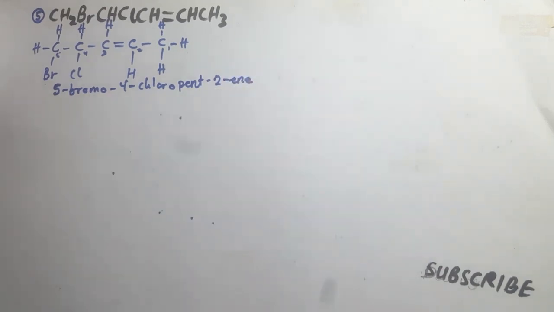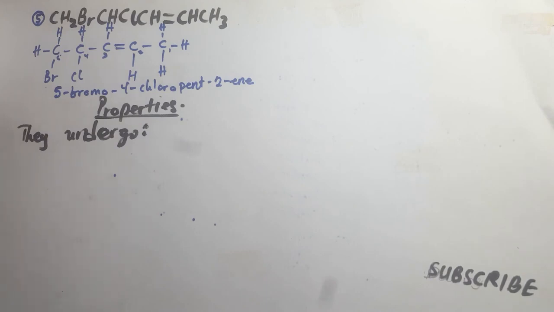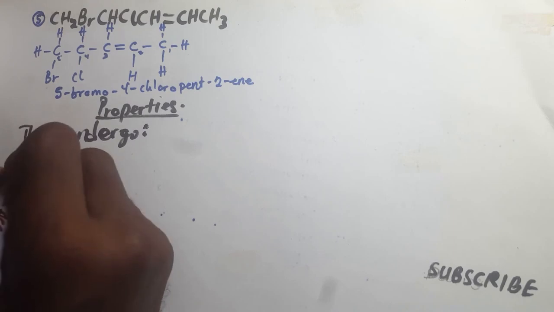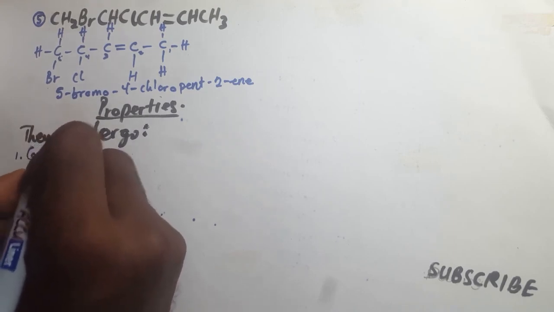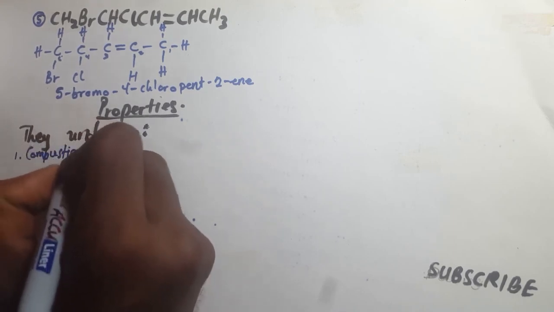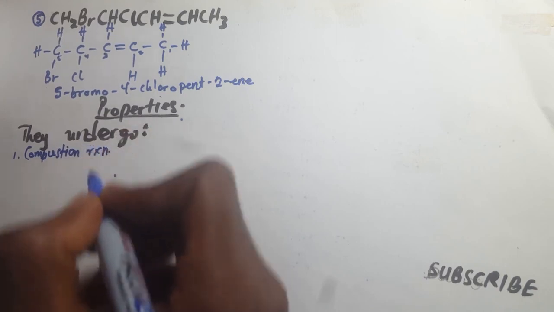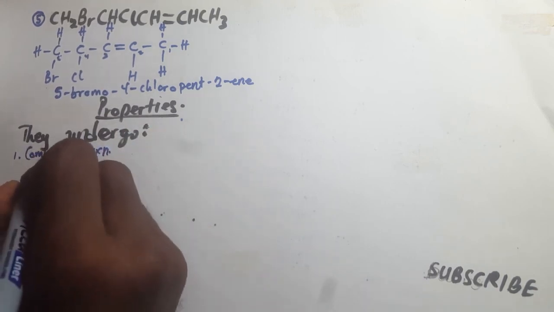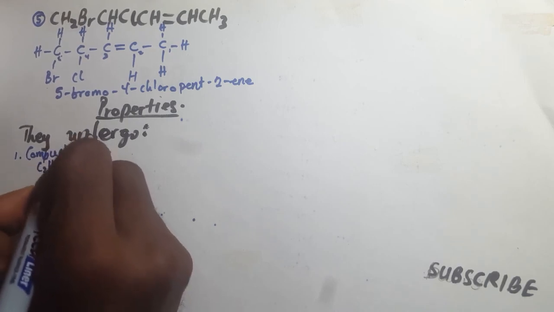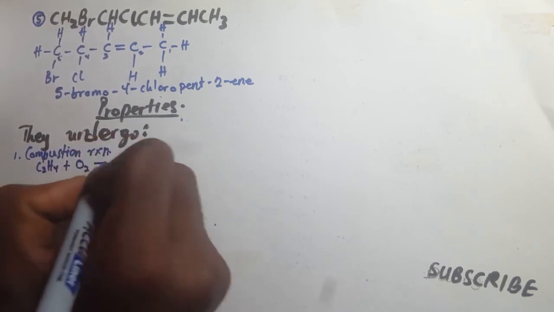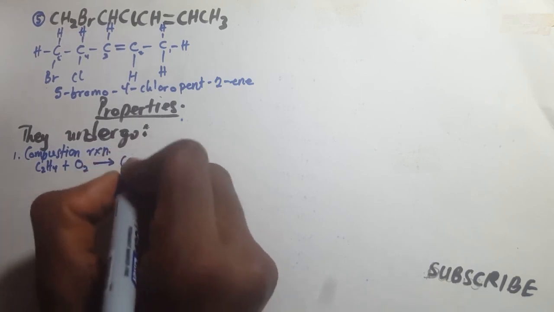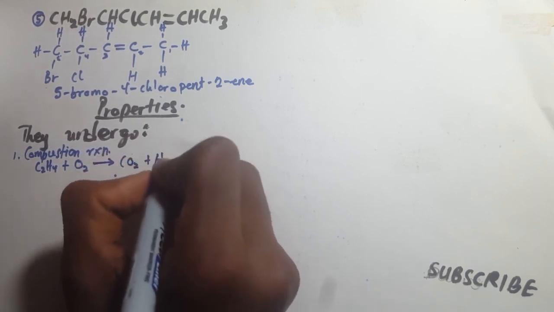They are all correct. So properties of alkenes. First of all, we say that alkenes also undergo combustion reaction. I can't talk about the combustion reaction without writing the chemical equation for it. So C2H4 plus oxygen, which helps combustion to take place, to produce carbon dioxide and then water.